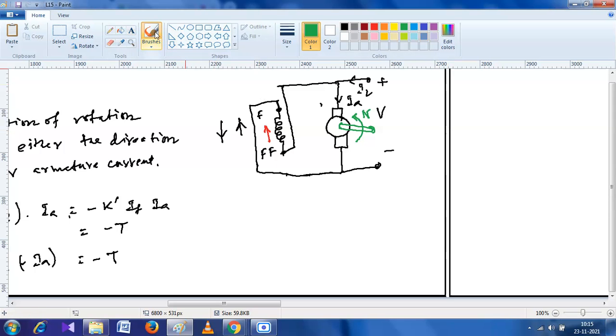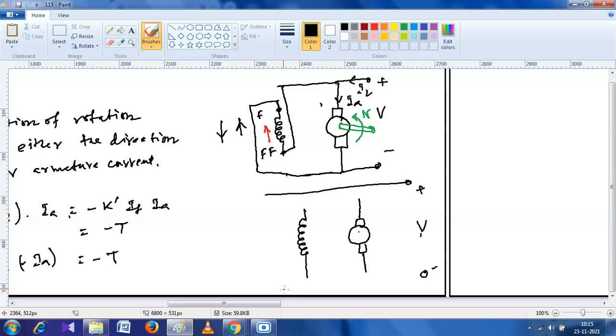Now the next diagram is where we have to change the armature current direction. Should be plus, should be minus. This is the field coil.